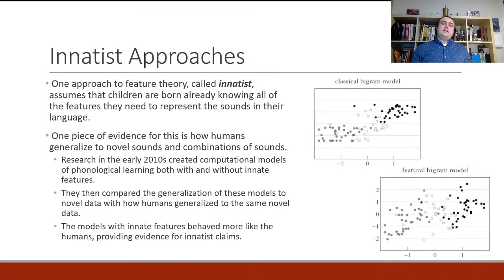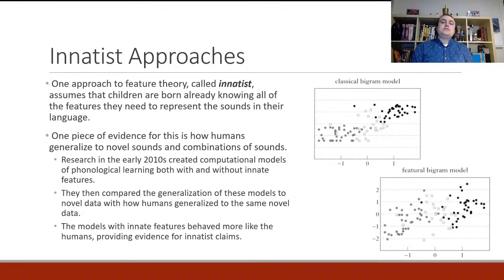And the reason for this that innatists would claim is that we already have the features needed to represent the velar fricative. So they're able to handle that sound because they were already born knowing how to group that sound with other velar sounds and all of the other groups it belongs to, right? They have the features to describe it, so there's no problem presented to them when they need to use it and add an S to the end or whatever.